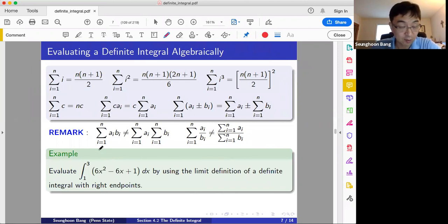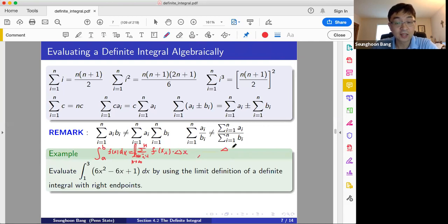We have the integral from a to b of f of x dx, which is the limit as n approaches infinity of the summation i equal to 1 to n of f of x_i times delta x.